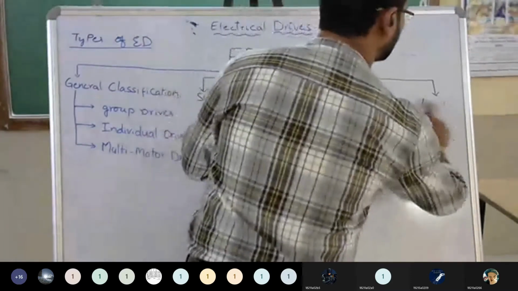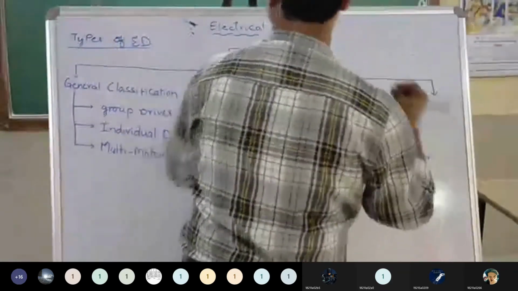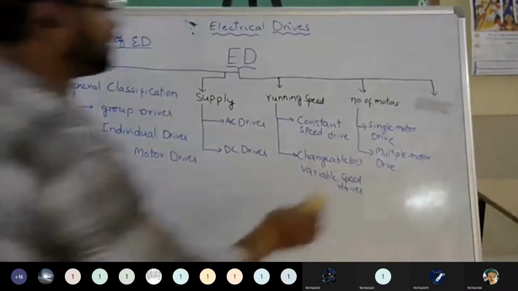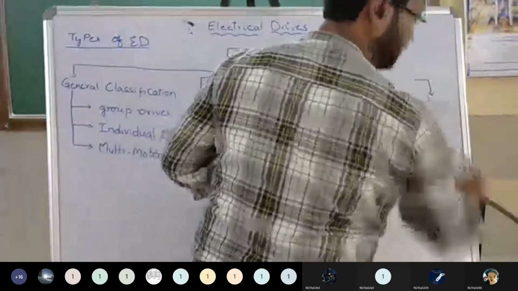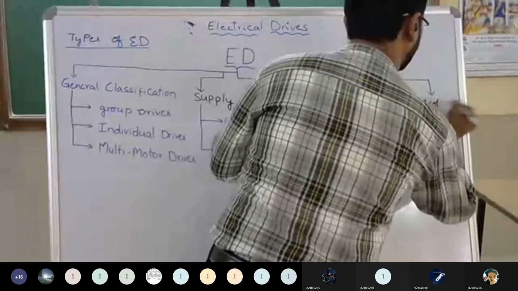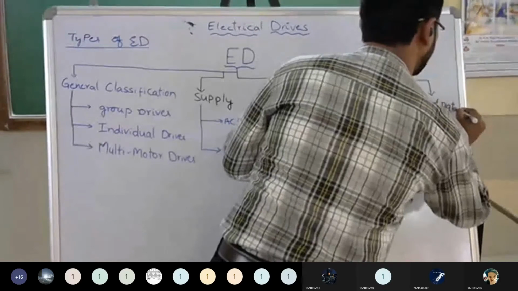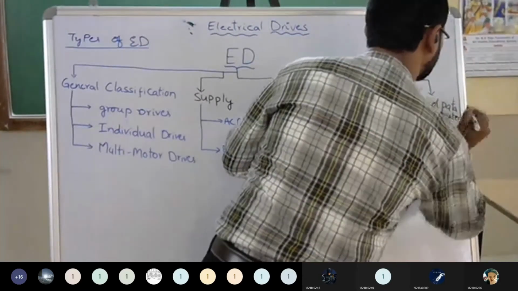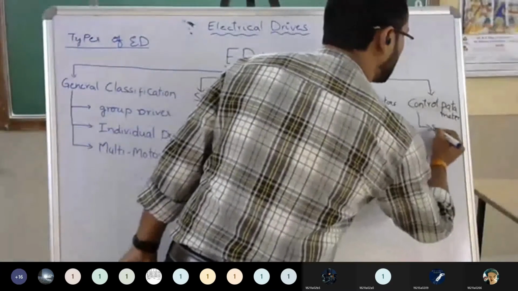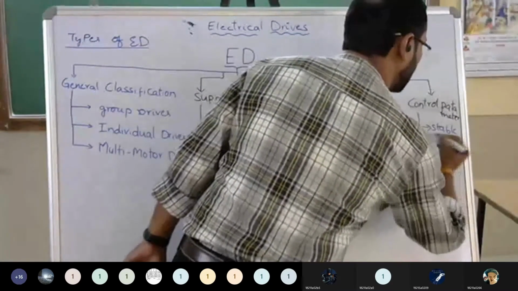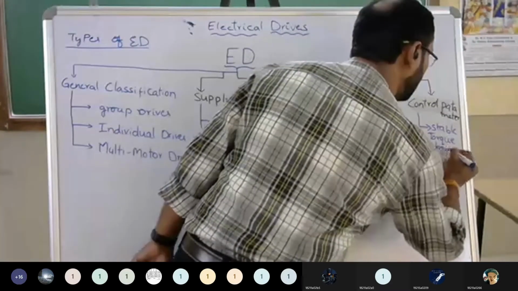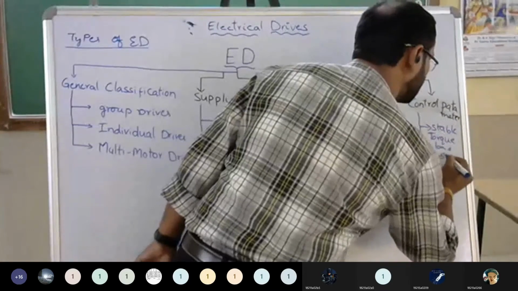Instead of according to the load, we will write according to the control parameter, which depends upon the load. So instead of the load, I am writing control parameters. We can write stable torque load, as some loads require stable torque, and stable speed load.